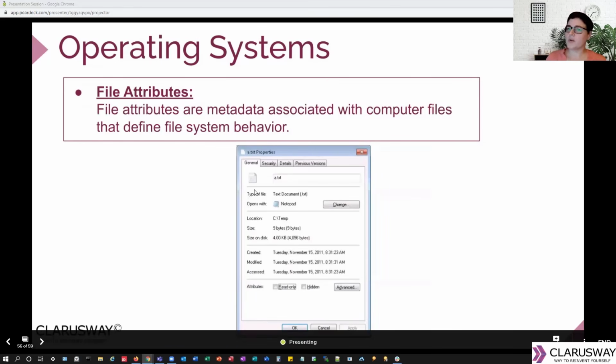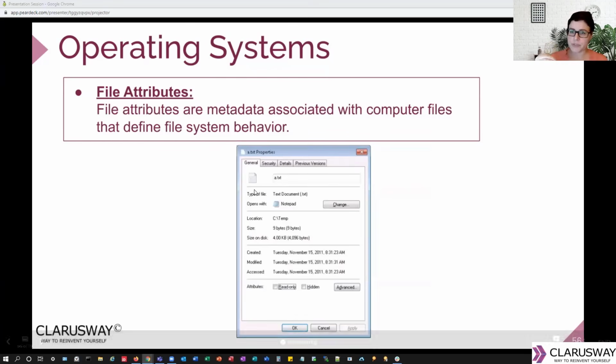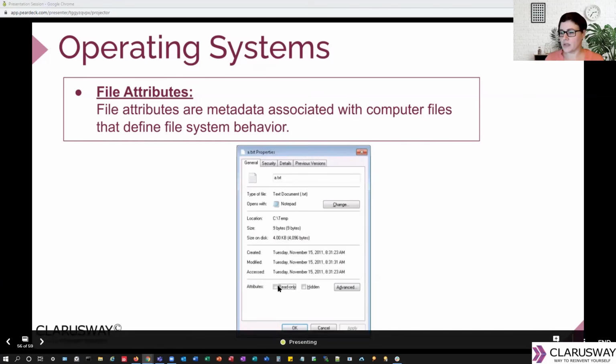File attributes were a callback when we were in the Kahoot game, and they were asking us about file attributes and what was and what wasn't. And a couple of the options were read-only and hidden.